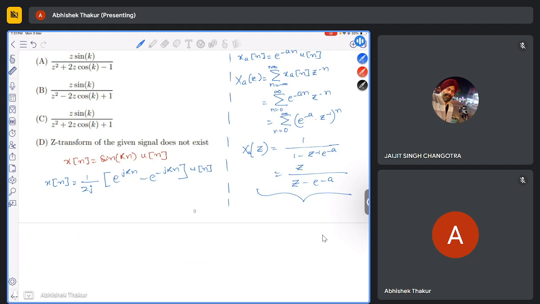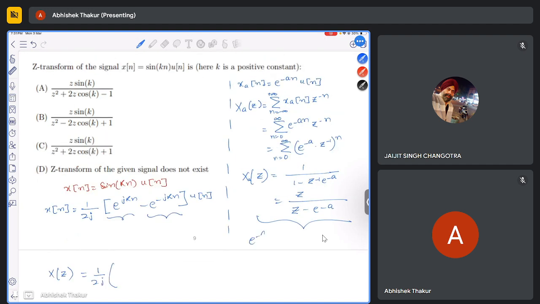So okay, we'll take the z transform of both the terms separately. This is our first term and this is our second term. So X(z) is equal to 1 by 2j. Now what is the z transform of e to the power of minus a n?